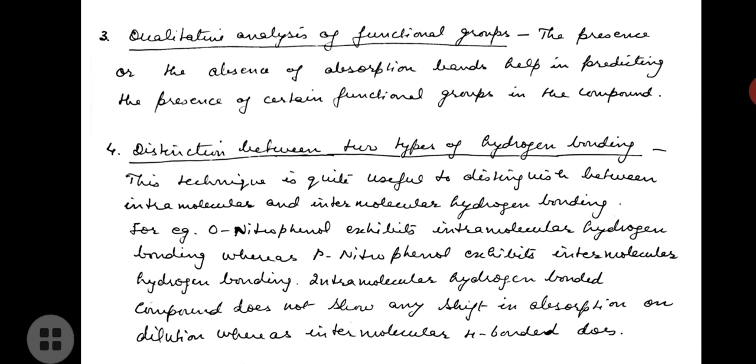For example, the presence of oxygen reveals that the group may be OH, C=O, COOR, COOH, etc. But an absorption band between 3600 to 3200 cm⁻¹ limits the possibilities. The band in this region may be due to OH. This region also shows absorption in case of NH2 and NH groups.